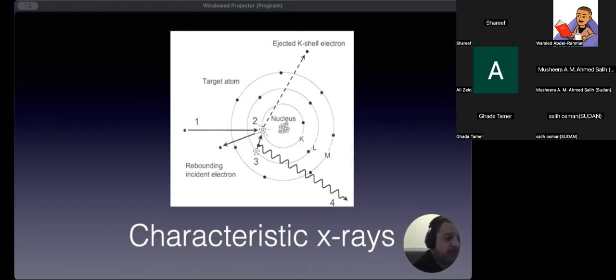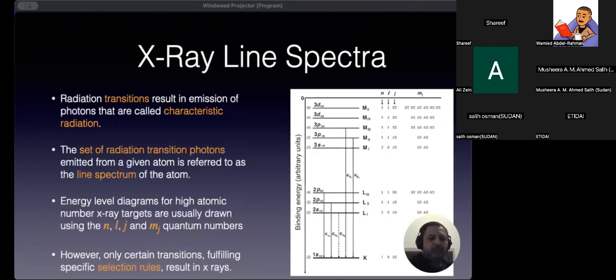When we look at the spectrum coming out, we can essentially determine what target was used to produce this photon beam spectrum. We cannot do that from analyzing the Bremsstrahlung photons. We can only do this using these characteristic X-rays.